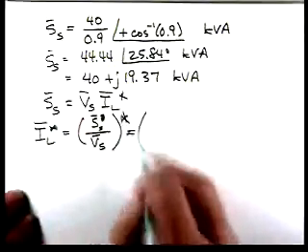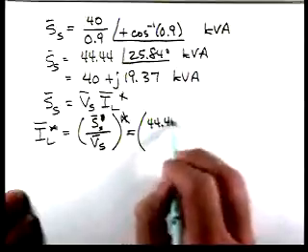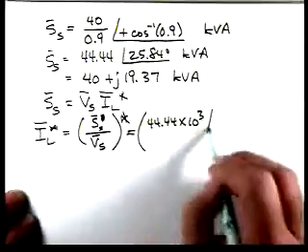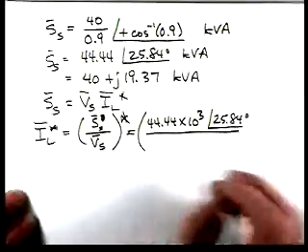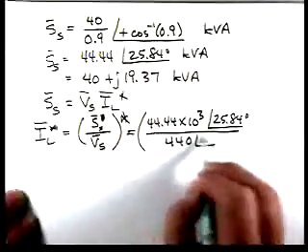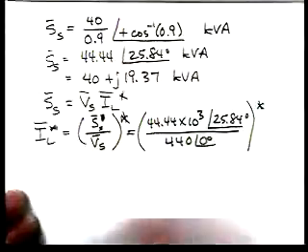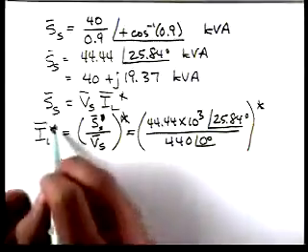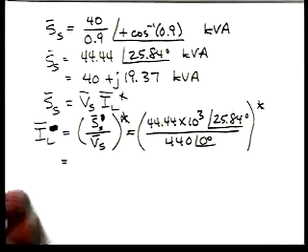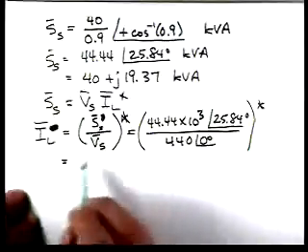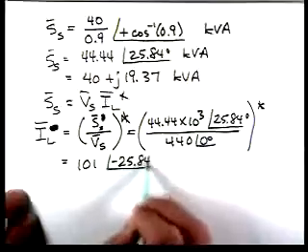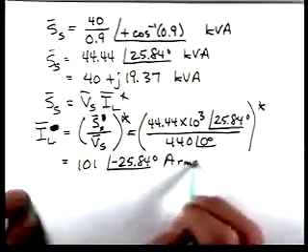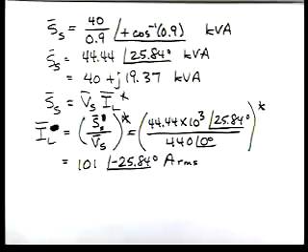So we have 44.44 times 10 to the third at an angle of 25.84 divided by 440 at an angle of 0. And we're really calculating IL, not IL conjugate. That's going to give us 101 at an angle of minus 25.84 amps RMS. So now we know IL.